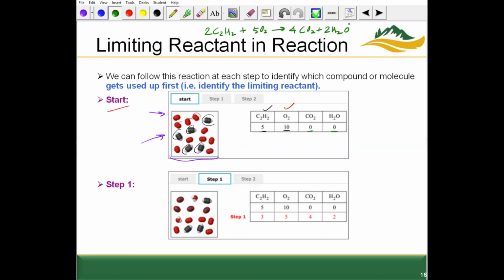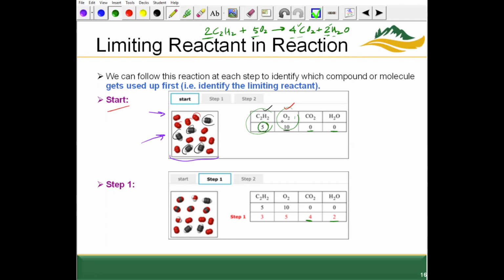So now in step 1, when we form 4 CO2 and 2 H2O, how much C2H2 and how much O2 was used up? Well, we needed 2 C2H2 and 5 O2 to form every 4 and 2 of carbon dioxide and water.